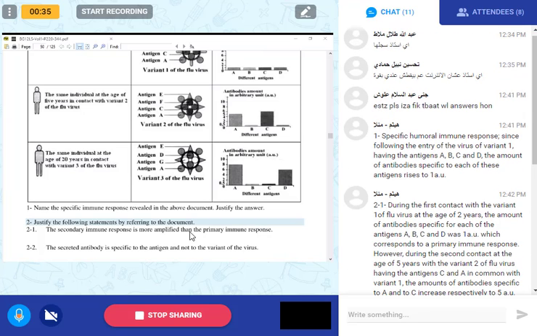Okay, what is the second sentence, Maryam, that I need to prove? A secreted antibody is specific to the antigen and not the variant of the virus. The secreted antibody is specific to the antigen, not to the variant of the virus. Yes. Okay. Why? Teacher, can we take for example the first and the second?